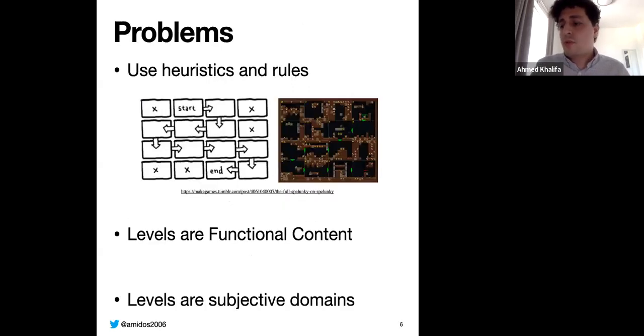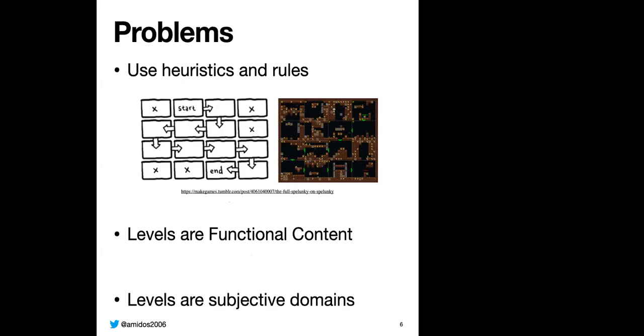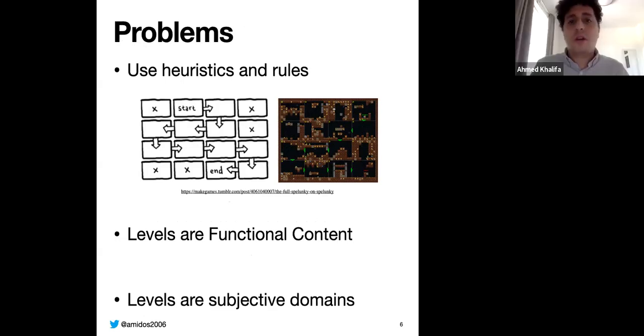The problem, when you look at level generation in its current state, especially when I started my PhD, is that most of the level generation used in industrial games uses heuristics and rules. They are like, here's a couple of rules, follow them, and you will get a game.